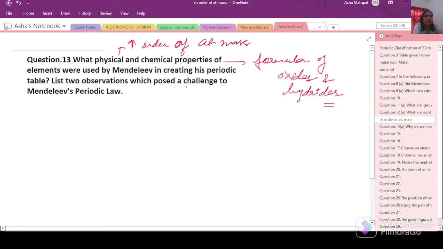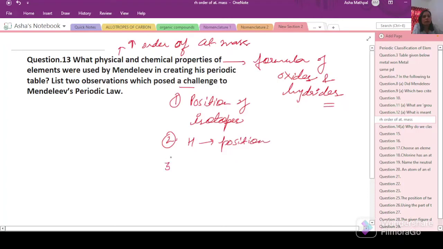Here you can discuss the position of the isotopes, and also the position of hydrogen. Then you can also discuss the problems, because there are certain elements which cannot be placed according to the increasing order of atomic masses.